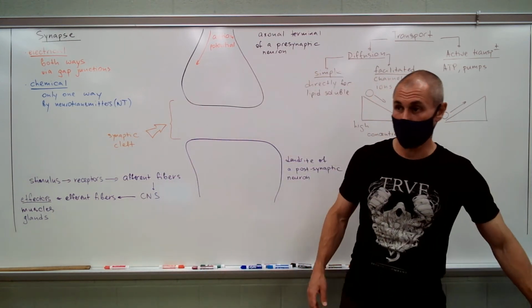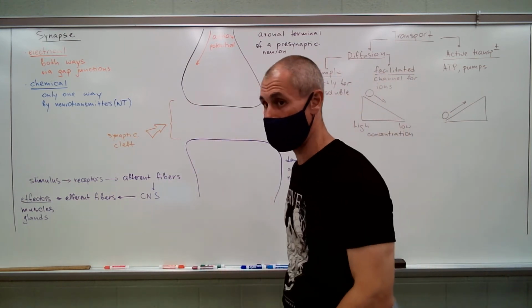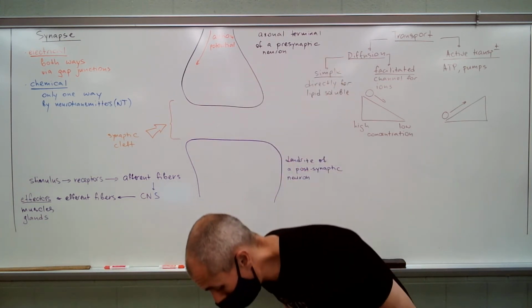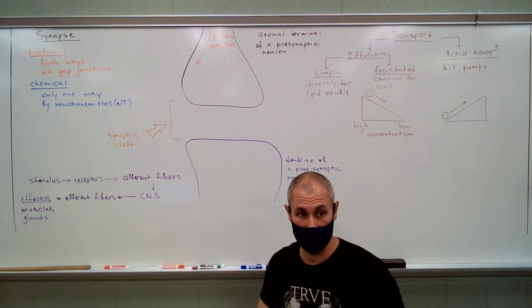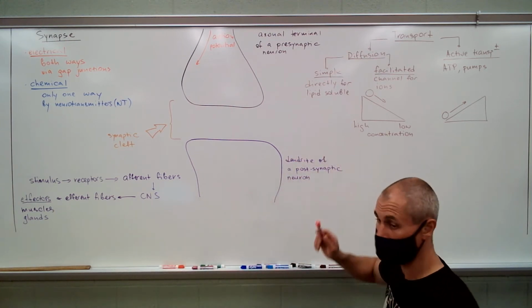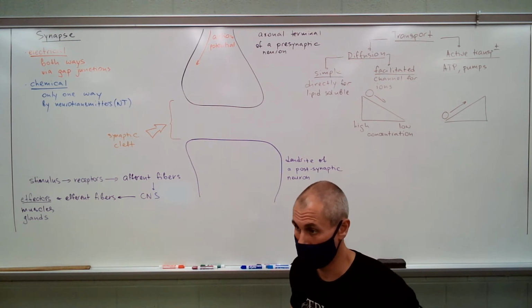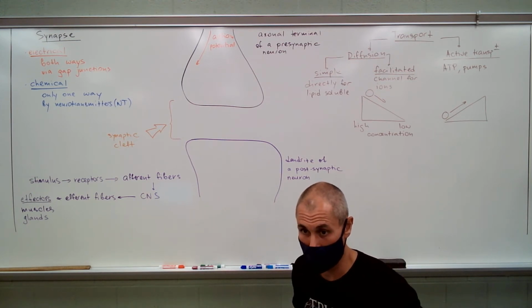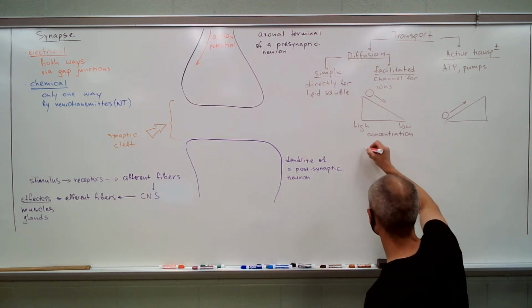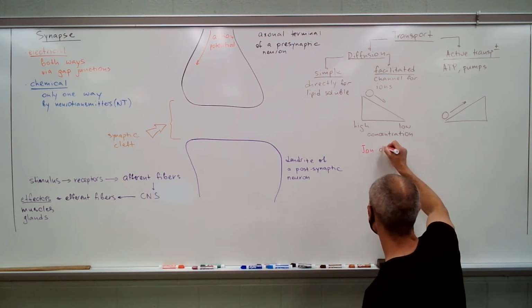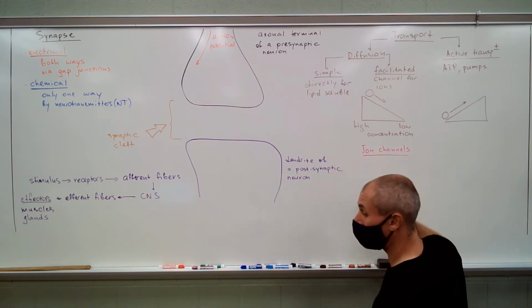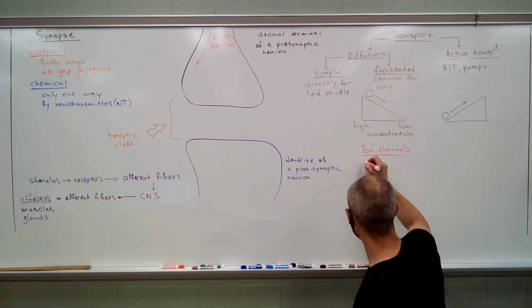So I want to give you four main categories that you need to know. And the best analogy that you should think of when you think about ion channels is the door. Okay? So the four types of ion channels that you must know are, first, leaky.